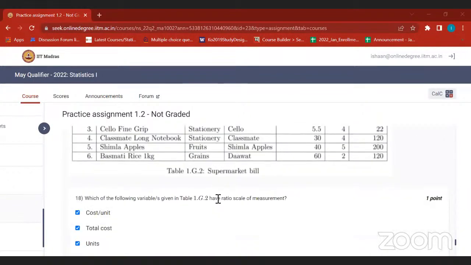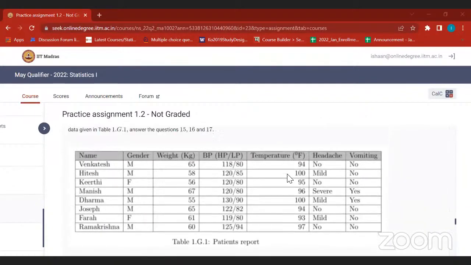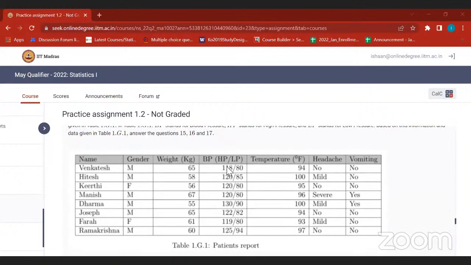Now question number 18. Sorry, how is BP categorical? I didn't understand actually. I know it's not numerical, but how is it categorical? It's just the way it's recorded, like a mobile number. You cannot add or subtract any two observations, right? You cannot add 180 and 80. Can't we find the average? That's why it is categorical. You cannot perform any numerical arithmetic operation on it.